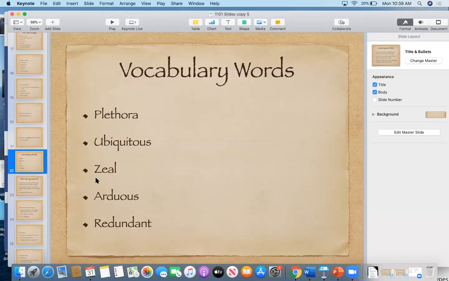So you could say that author had great zeal with their argument. Arduous just means difficult. So you could say that assignment was very arduous. And redundant just means simply repetitive. So this author's argument was very redundant because he or she said the same thing over and over again.